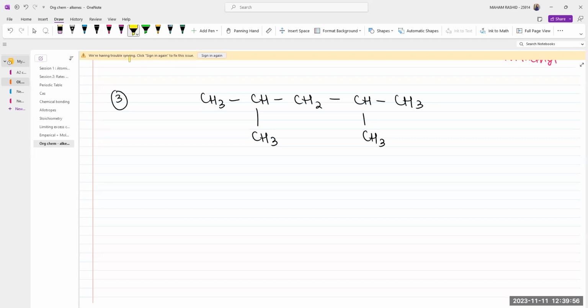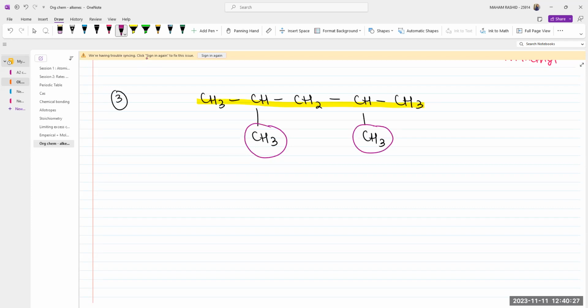What's the first step that you're going to do? Look at the longest carbon chain. Great. And what's your longest carbon chain? CH3, CH2, CH3. This is your longest carbon chain. Now, what are your substituents? CH3. Now, from which side will you start naming your chain?